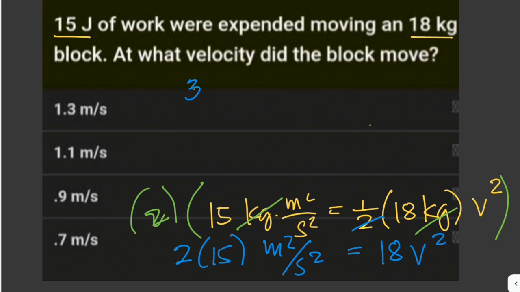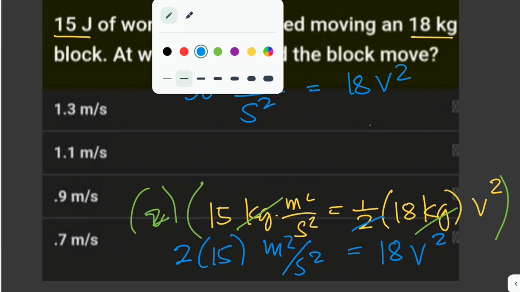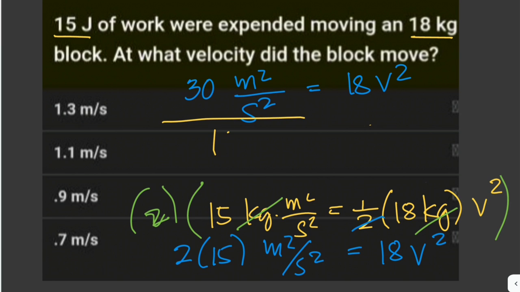Then we have 30 meters squared per second squared equals 18 v squared, and we divide both sides by 18 because we're going to solve for the velocity.